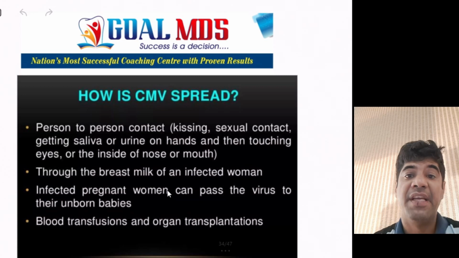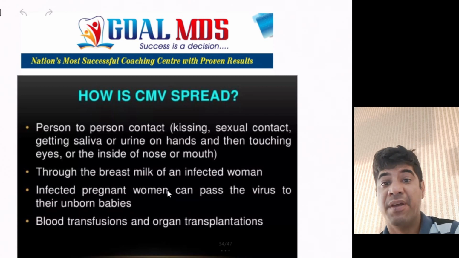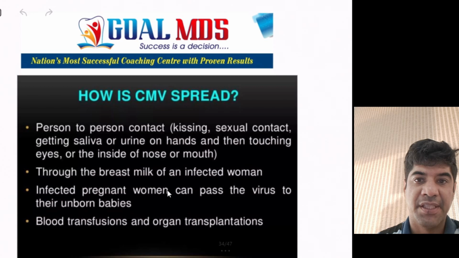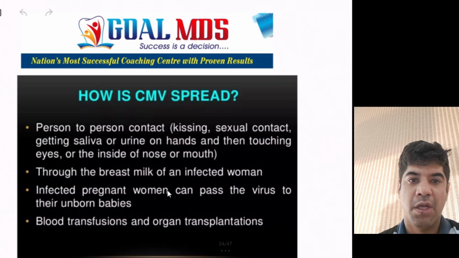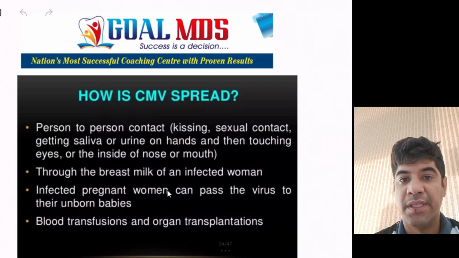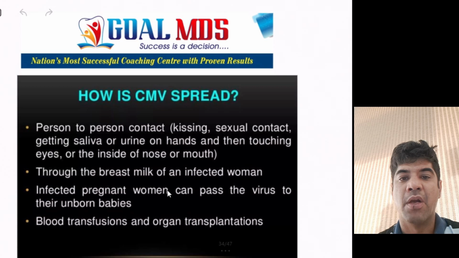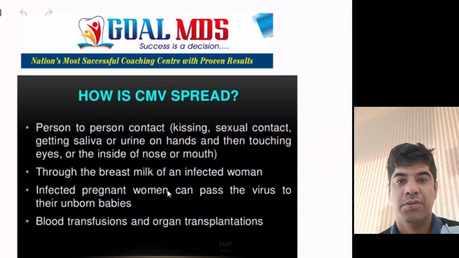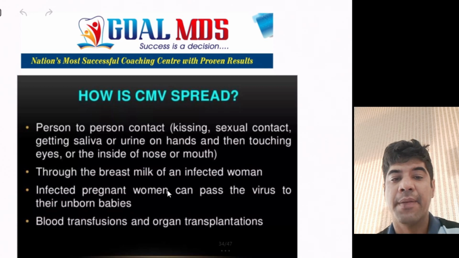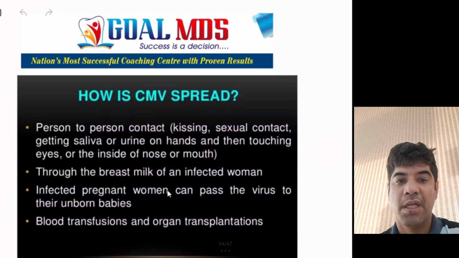People who receive an organ transplant are given medications to weaken their immune system so that their body does not reject the new organ. This makes them more susceptible to infections like cytomegalovirus. If the donated organ carries the virus, it can spread to the recipient. It can also be transmitted through blood transfusion if the donated blood contains the virus.